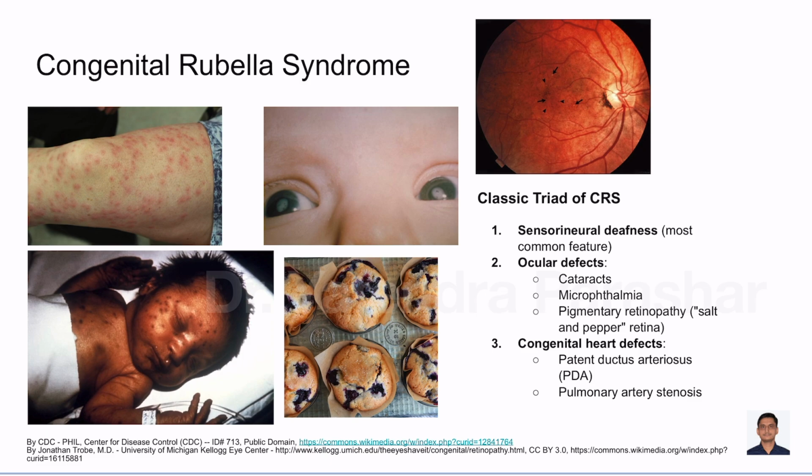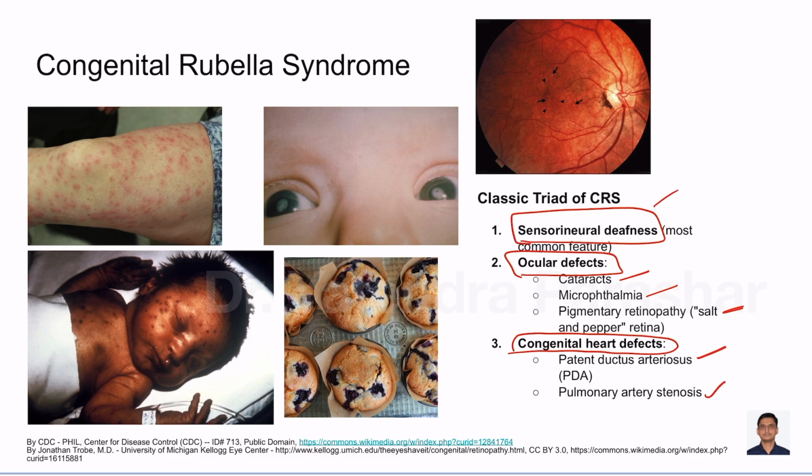Now come to the second congenital infection, that is congenital rubella syndrome. It occurs due to maternal rubella infection, especially in the first trimester. The classical triad consists of sensorineural hearing loss, ocular defects including cataract, microphthalmia, pigmentary retinopathy, that is salt and pepper retina, and third is congenital heart defects including patent ductus arteriosus or pulmonary artery stenosis.